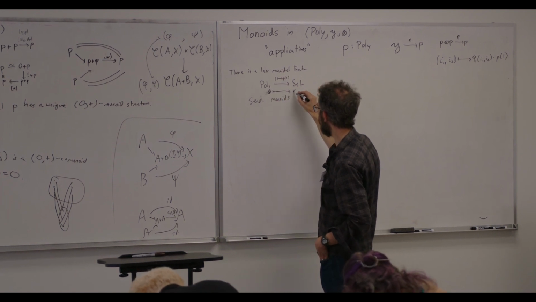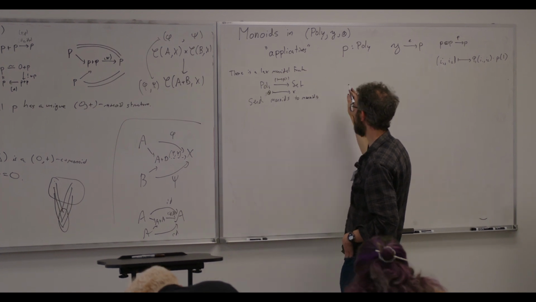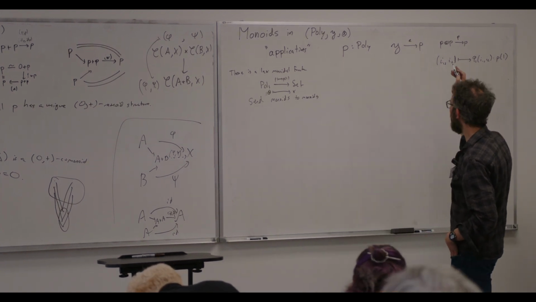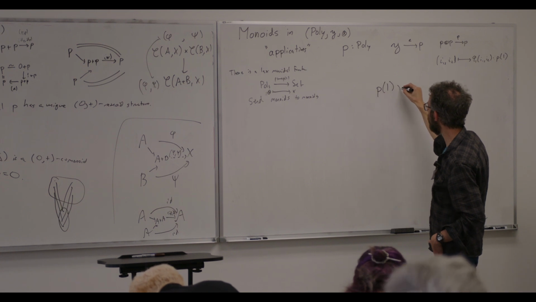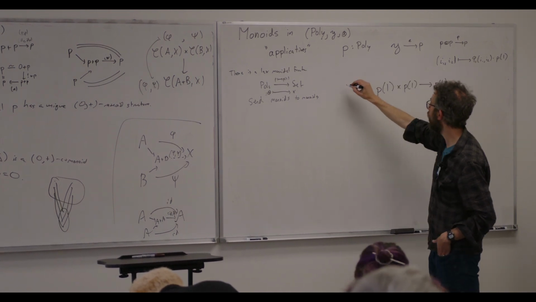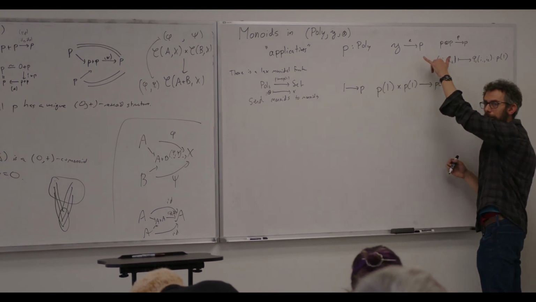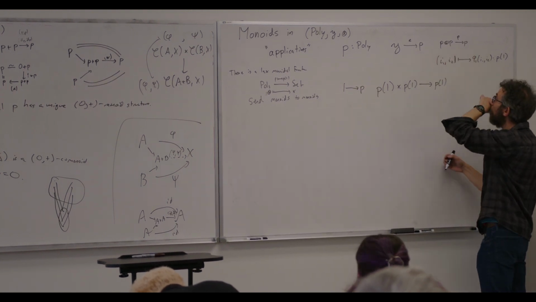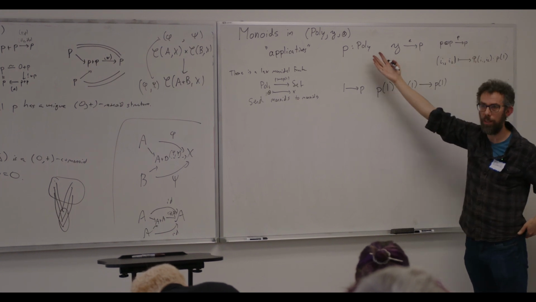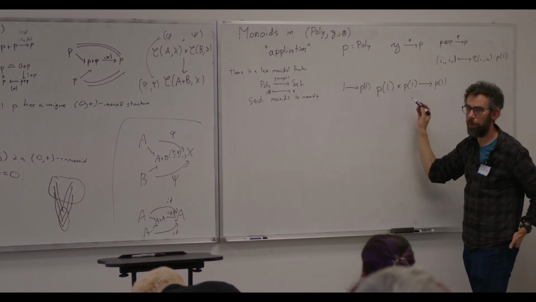And I feel like everyone's getting lost. Sorry, I'm going to recover soon. What I'm saying is P of 1 will automatically be a monoid. If you take your polynomial and it is an applicative, or it has this structure, a monoid in this thing, then the positions of it will be a monoid.